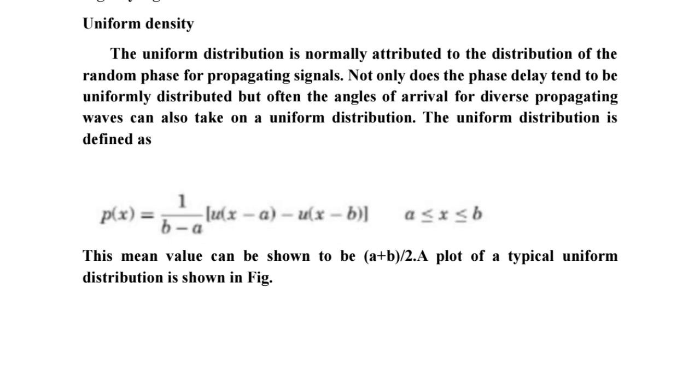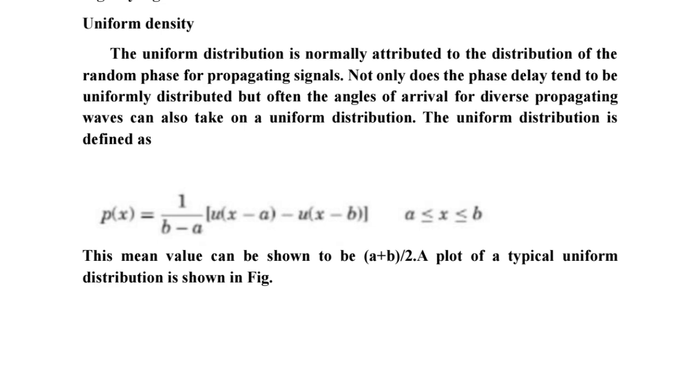The next thing is the uniform density. This uniform distribution we have already learned in our basic classes. Based on that distribution, here we are going to evaluate signals with various phases. This uniform distribution is attributed to the distribution of random phase for a propagating signal.